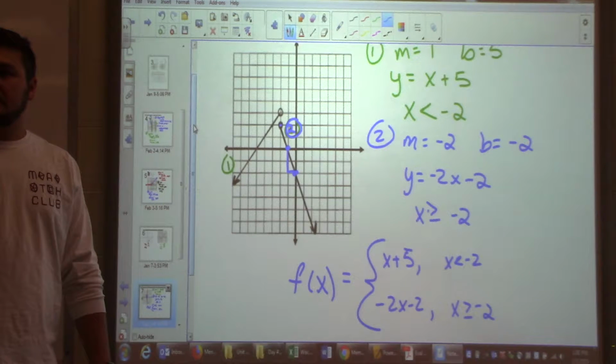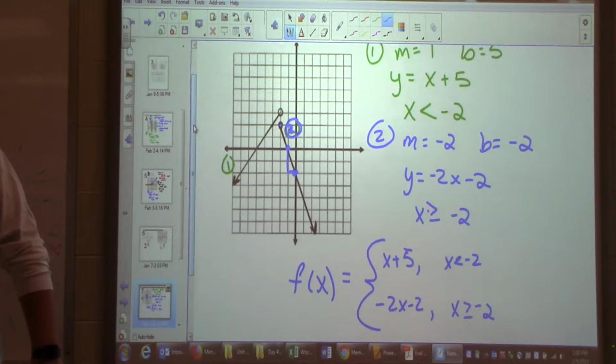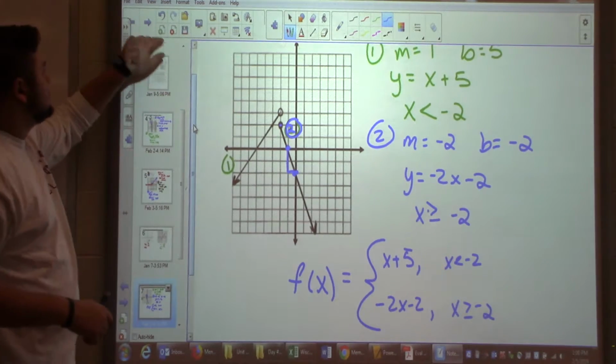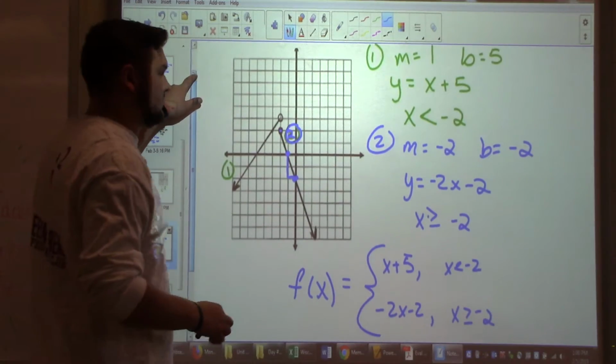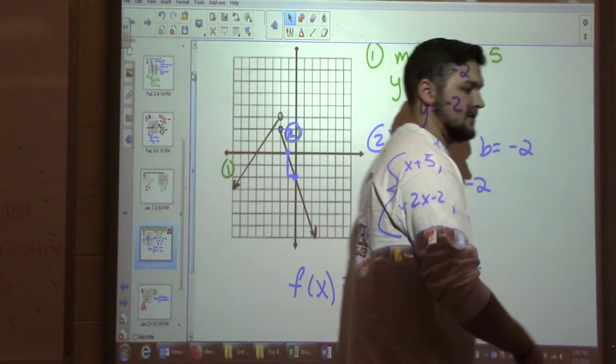Alright? I want you guys to try the last one. Go ahead and try it. I'll put my answer on the board in a second. I'll leave this one up here if you can use it as a reference.